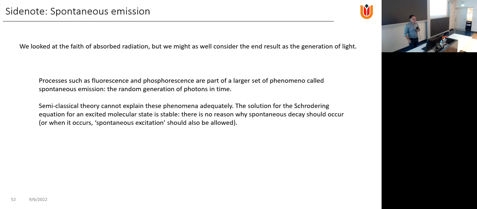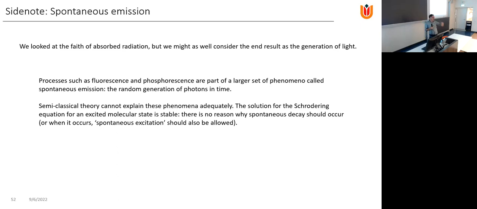The funny thing is that semi-classical theory cannot explain spontaneous emission. Semi-classical theory would give a quantum treatment to the materials, so you would have to solve Schrödinger's equation for that material. But if you solve Schrödinger's equation for an excited molecular state, it is stable. There is no reason why it should decay back into the ground state.